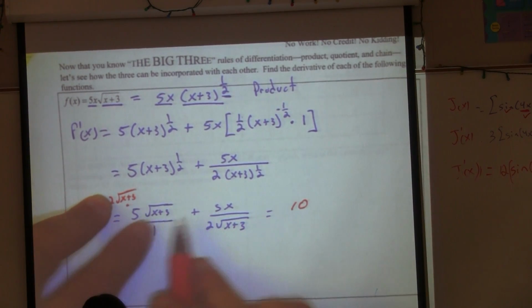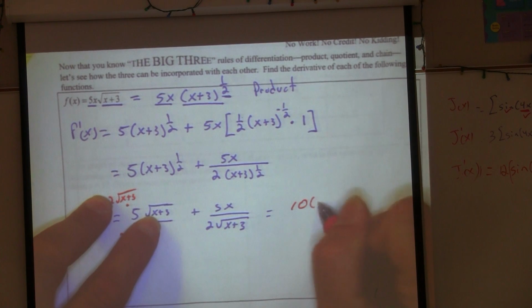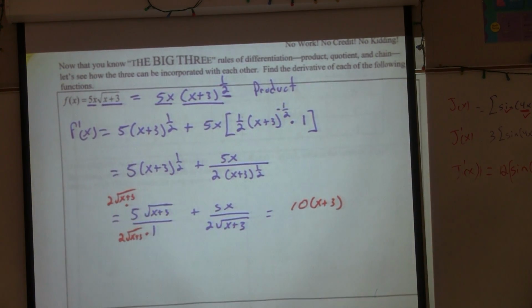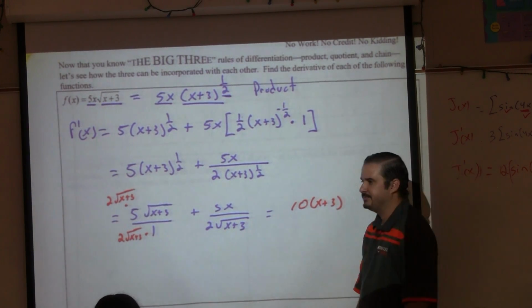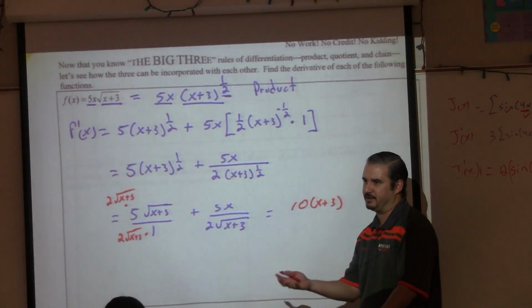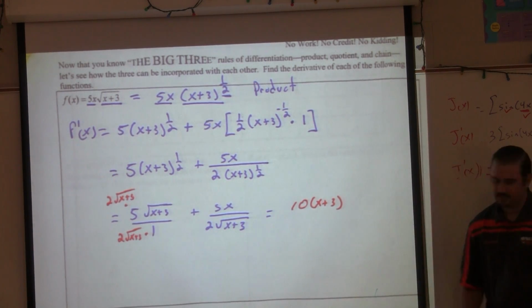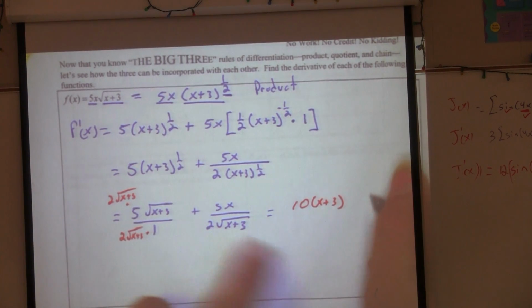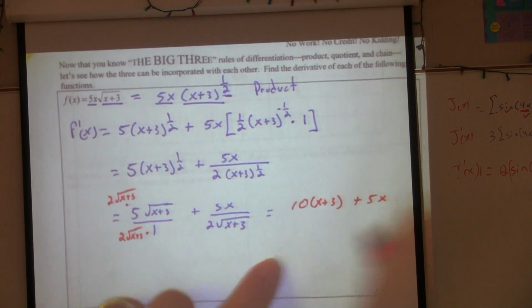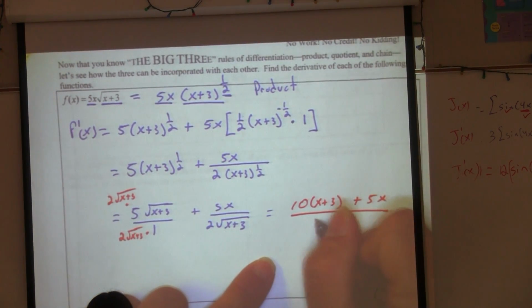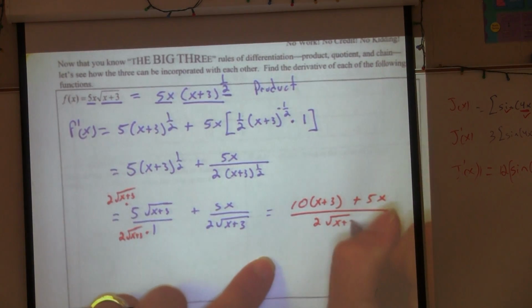What's radical x plus 3 times radical x plus 3? Just x plus 3, right? A radical times the radical that's itself is just itself, right? Plus 5x all over 2 radical x plus 3.